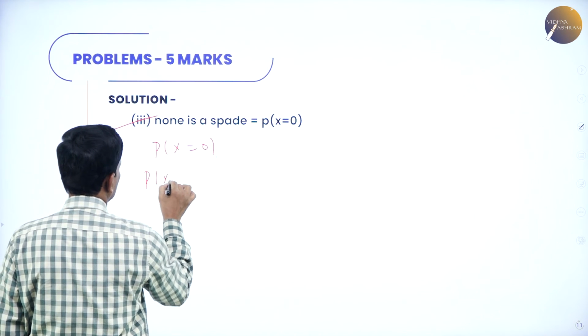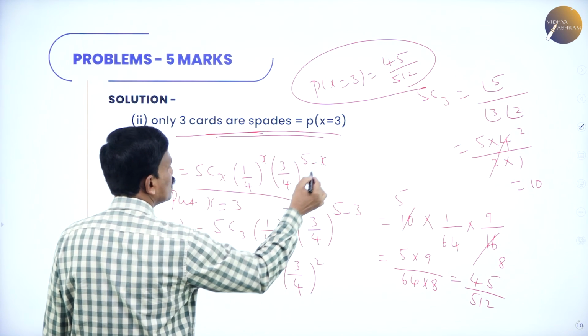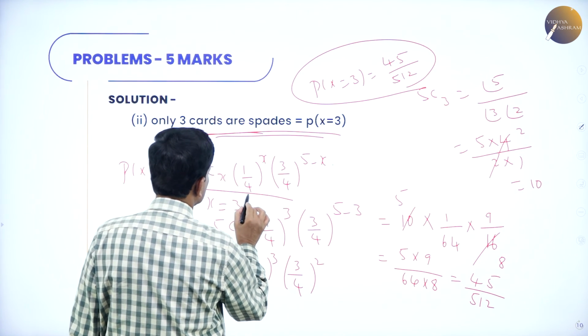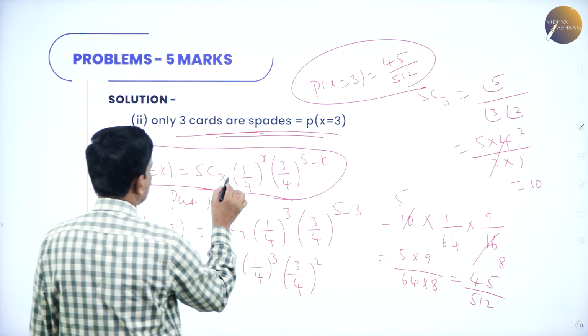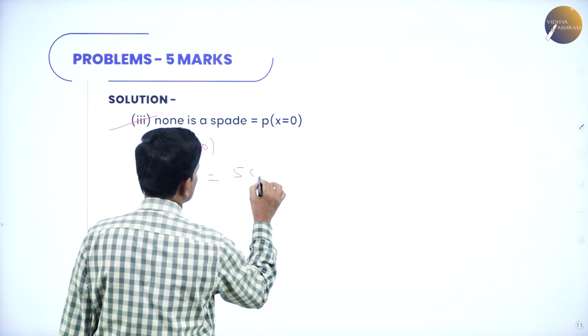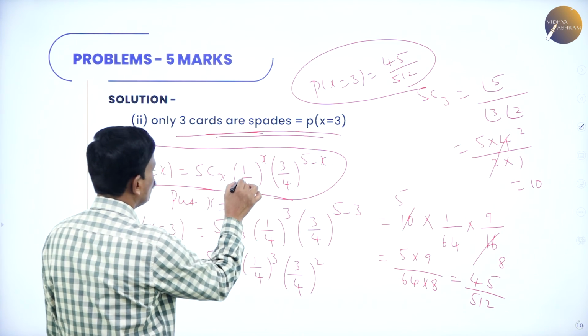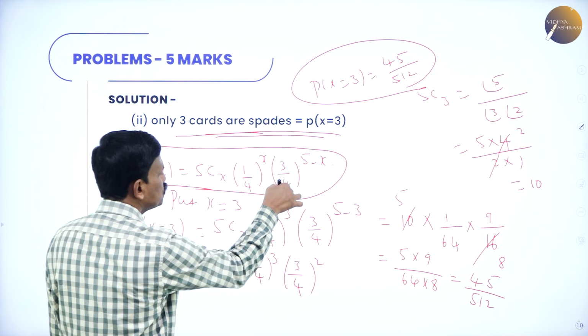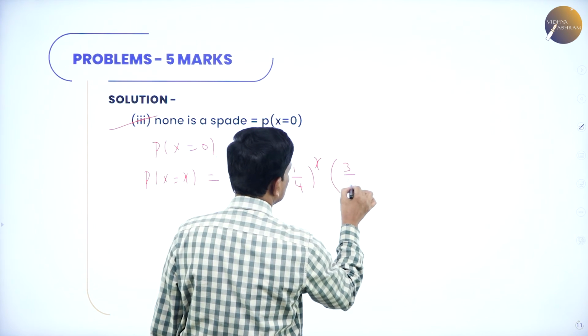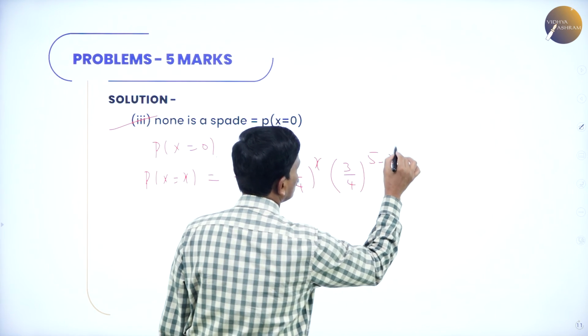Now we know P of x is equal to x is given by 5cx into 1 by 4 to the power of x into 3 by 4 to the power of 5 minus x.